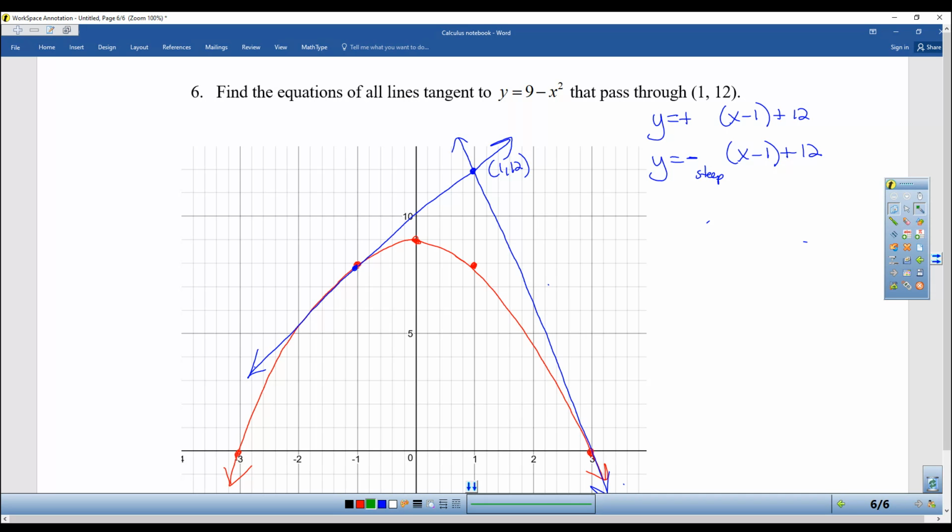Okay, so this point right here is going to be called (a, 9 minus a squared). Now, I'm going to do everybody a little favor. We are close to the end of this lesson, and I'm actually going to give you the formula. We're not going to do the limit and the 2 points and the a plus h. We're going to skip that. I'm just going to go straight to the answer.